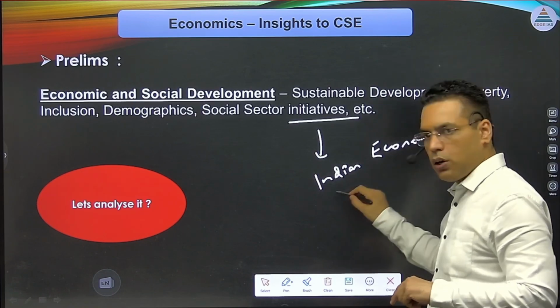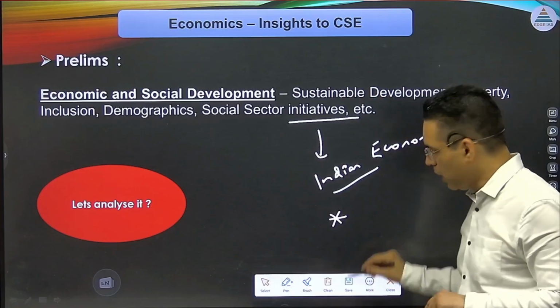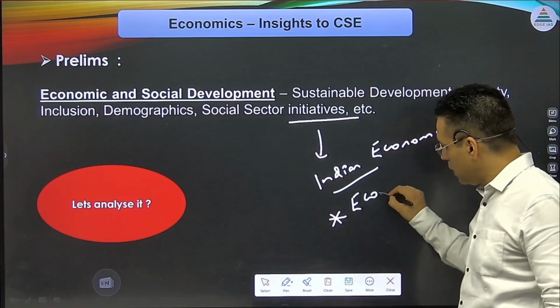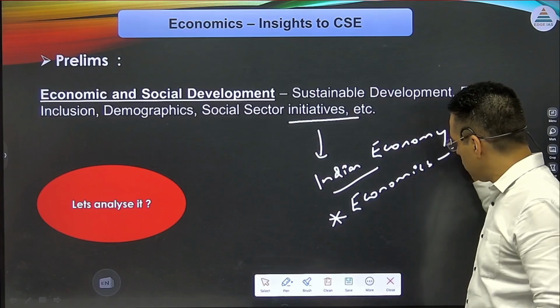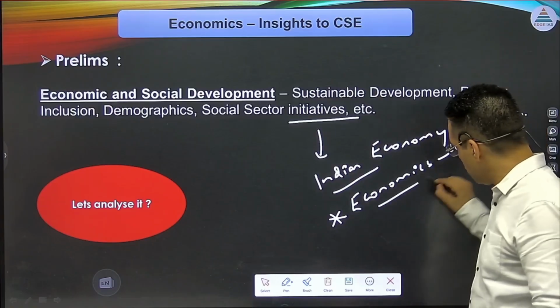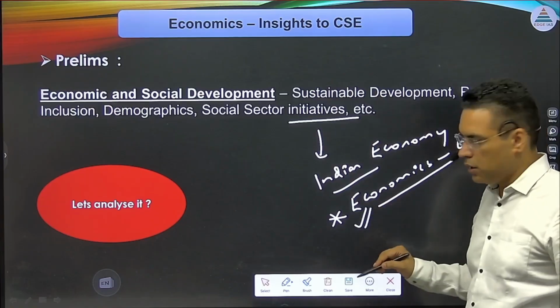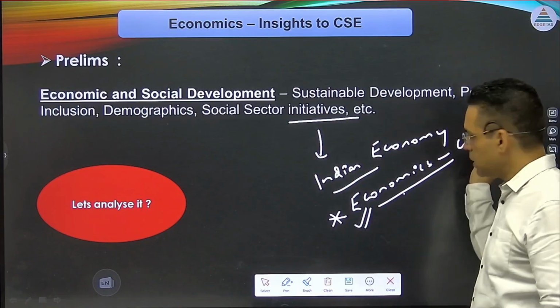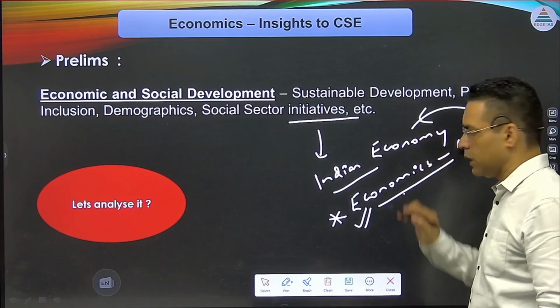But to understand Indian economy, at basic level, you have to have an understanding of economics at concept level. So you need to know what economics is as the subject, then the concepts of the economics, and then the same can be applied in Indian context.